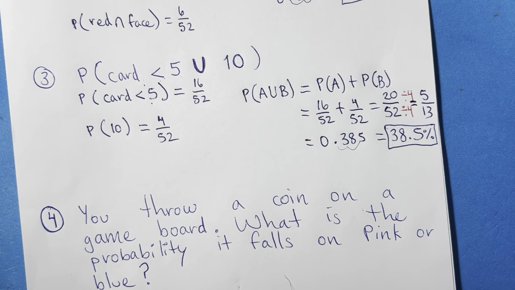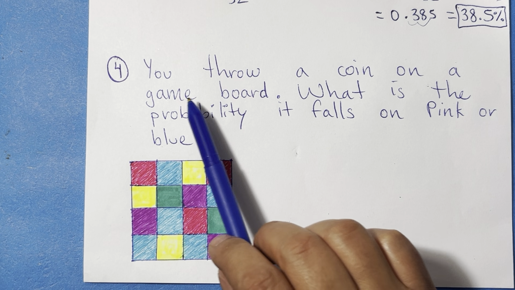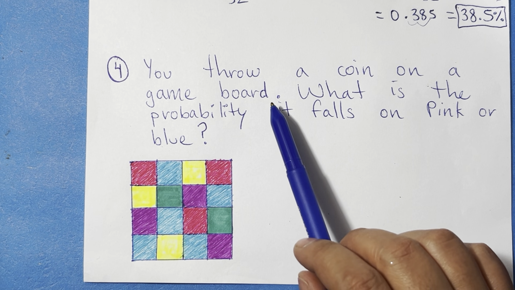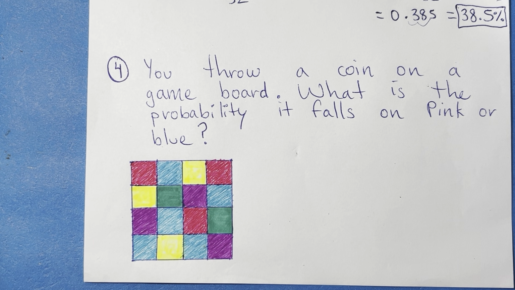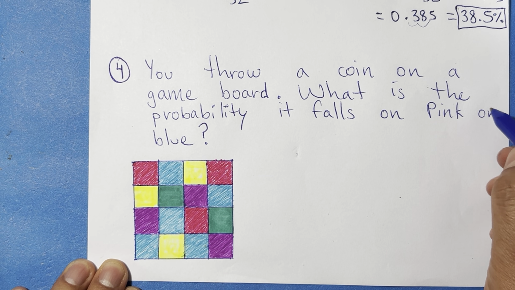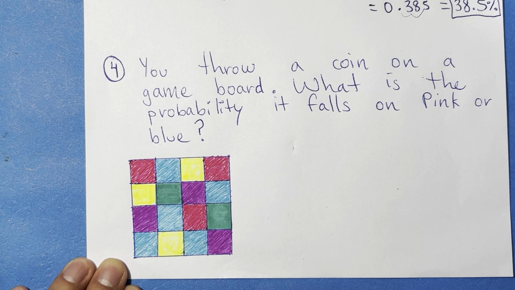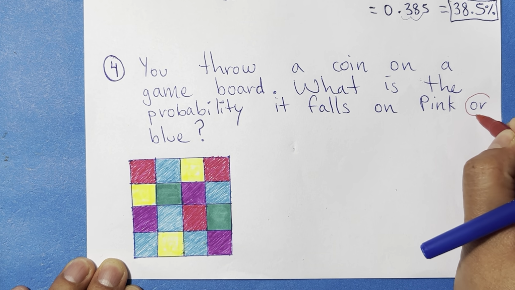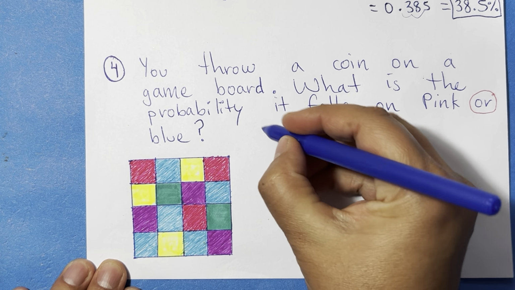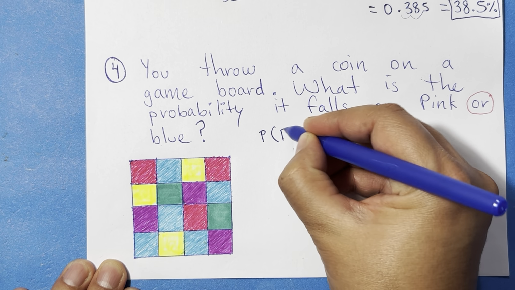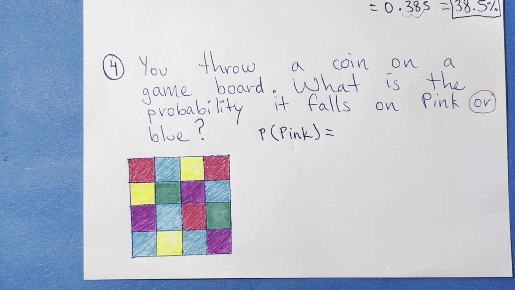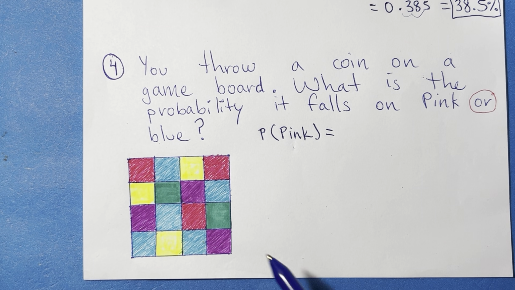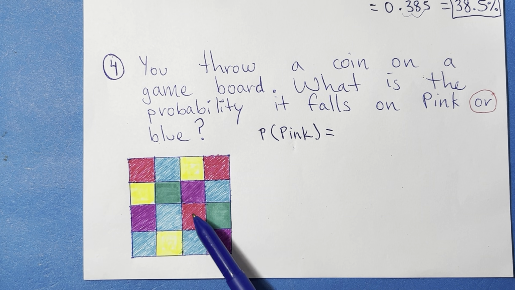Okay, number 4 says you throw a coin on a game board. What is the probability it falls on pink or blue? When it says the word or, that's a key. Okay, that's key to us. And so probability of getting the coin on pink, well, how many little squares are pink? So it's 1, 2, 3.